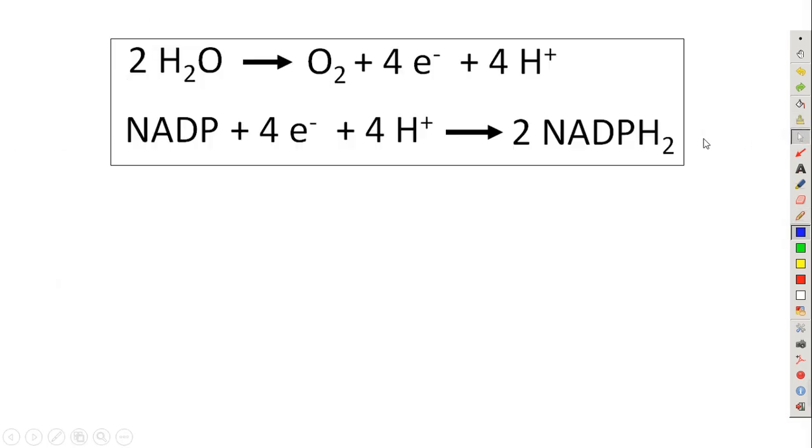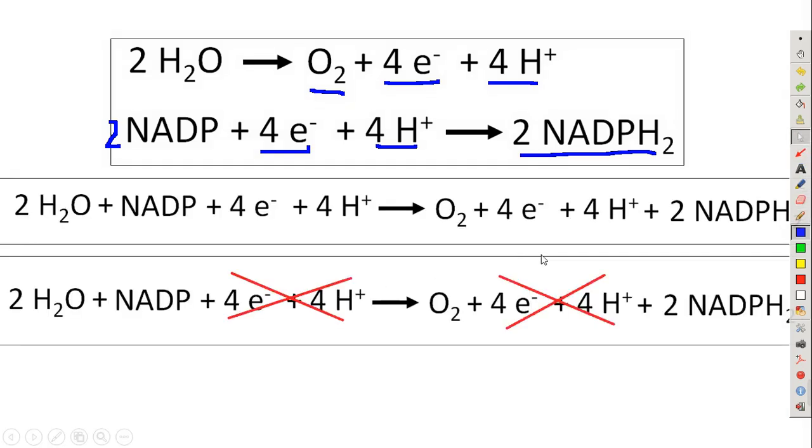Okay, moving on. So it seems that we've got a nice and simple coupling. We've got our 2 equations. If we balance them, 2 molecules of water will give 1 molecule of dioxygen, 4 electrons, 4 protons, and the other equation, 2 NADP plus 4 electrons plus 4 protons will give 2 NADPH2.